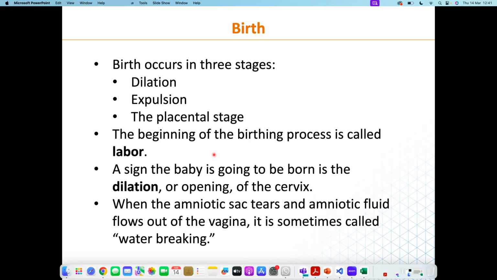Why is it broken down into three stages? Because if there is no dilation, there is no birth. Dilation means the expansion of the cervix. The cervix is usually very tight because it has a very strong muscle holding it together, so it needs to open.